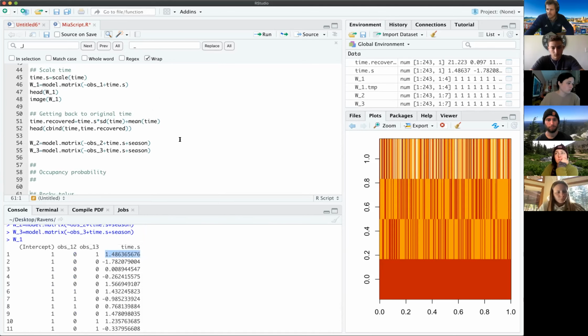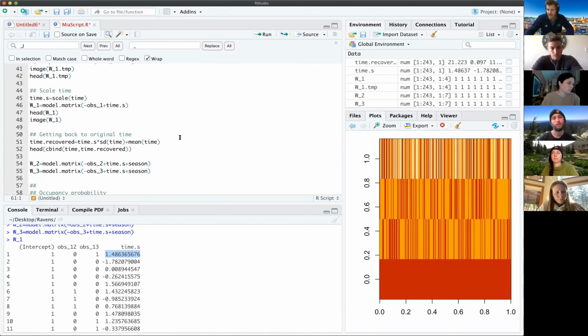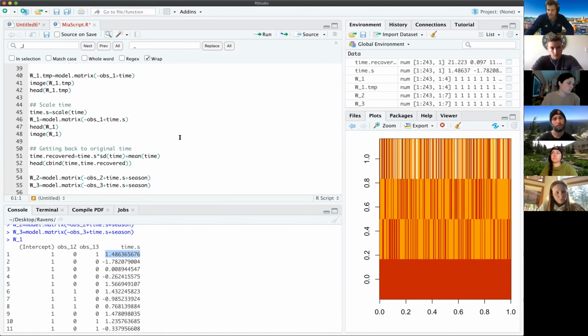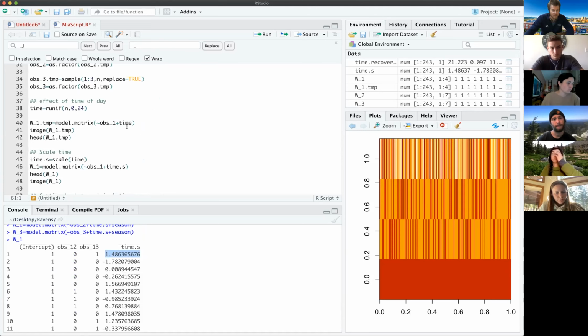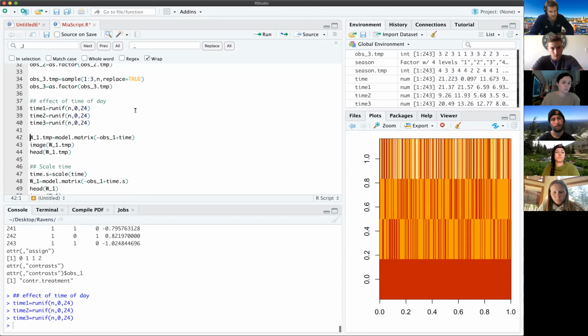But if we wanted flexibility to have a different time at each of our three visits, instead of saying we visit the site at the same time each visit, we can do something like time 1, time 2, and time 3. That gives us the flexibility.